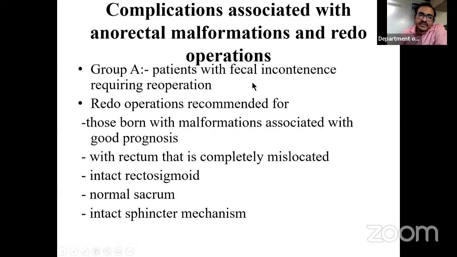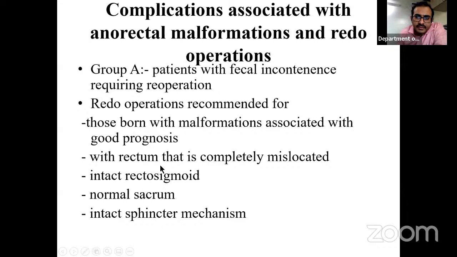Or sometimes the patients have a very high anomaly and poorly developed sphincters. Redo operations are recommended for those who are born with a malformation associated with good prognosis. Those associated with high anomalies or very poor muscle function are not operated on, and are usually managed on a bowel management program, which is altogether a very different topic.